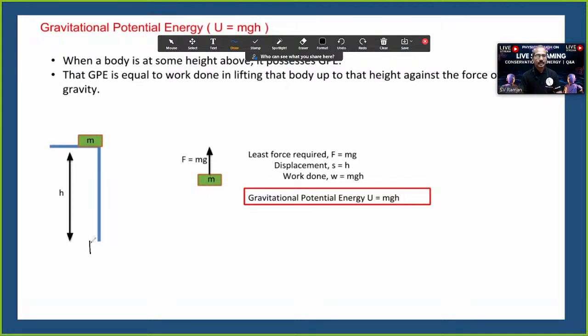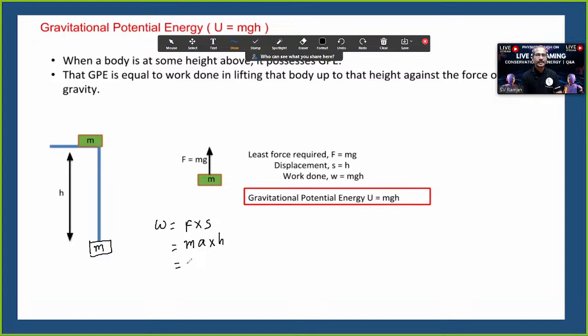Whenever the mass m of an object is lifted to height h, there is work done. Work done is equal to force into displacement. Force is equal to mass into acceleration, into the displacement from down to top, that is height h.